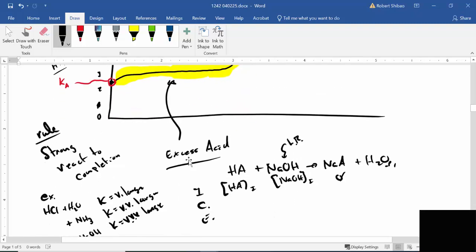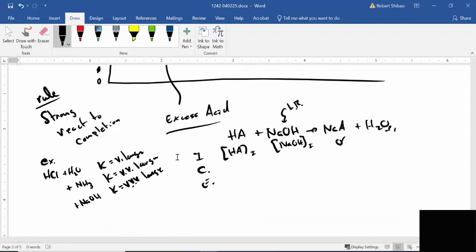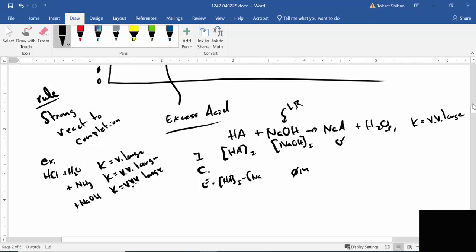Now, if I go down to weak acid plus sodium hydroxide, this is going to be K, which is going to be very, very large here. And so this is going to go to completion. So that means I'm going to consume the entire limiting reagent, and the excess acid that's left over will be HA initial minus the sodium hydroxide initial.